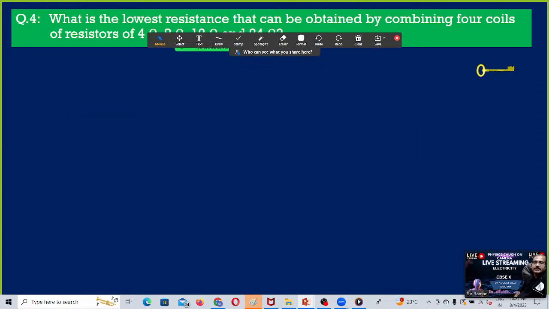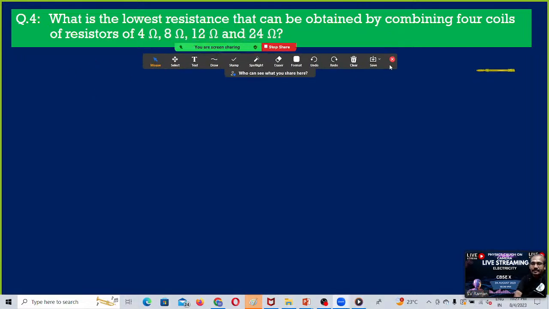So students, we need to understand the lowest resistance when all the resistances are in parallel combination. All one ends at one terminal, all the other ends at the other terminal.